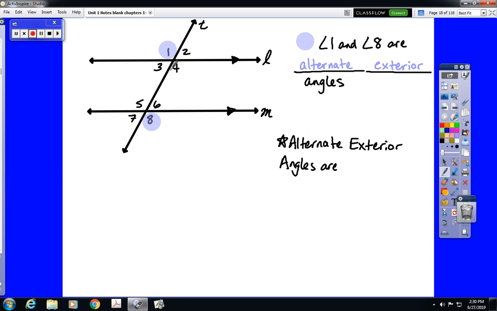These four in here would be interior angles because they're between the parallel lines. And those two and these two are outside the parallel lines, which makes them exterior. There's another pair of alternate exterior angles in this picture: angle 2 and angle 7. And alternate exterior angles are always congruent. Again, equal measure.